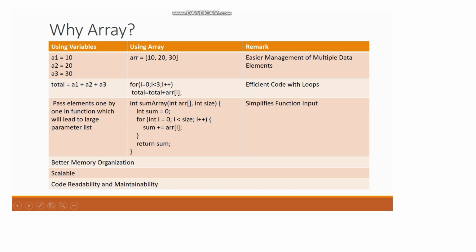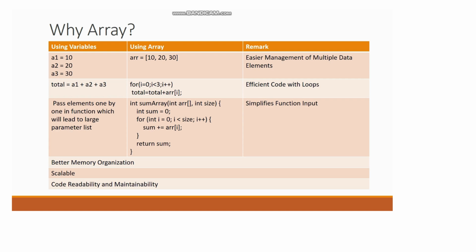Then under the next part, we have done the sum of three elements. Again, the same question: if we have 50 elements, or more than 70 elements, and I want to sum all of them, I have to write such lengthy code to sum all the elements.